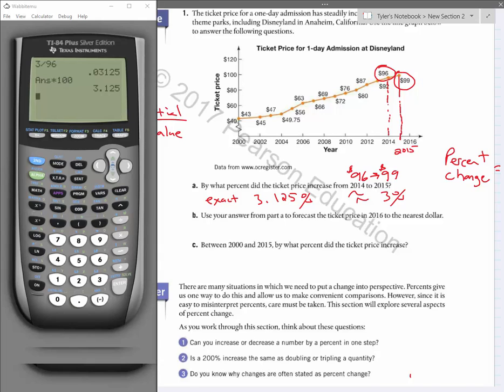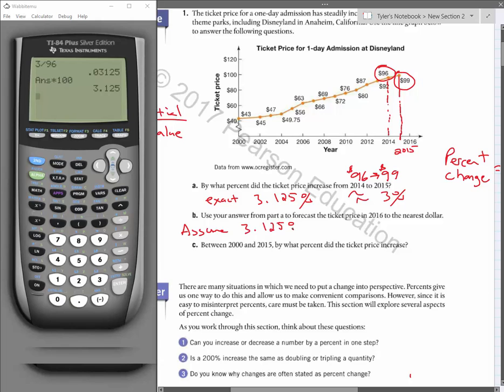Part B says, let's use our answer from part A to forecast the ticket price in 2016 to the nearest dollar. In other words, let's assume that there's a 3.125% increase. Then we want to know what the ticket price would be, which we would estimate in 2016.